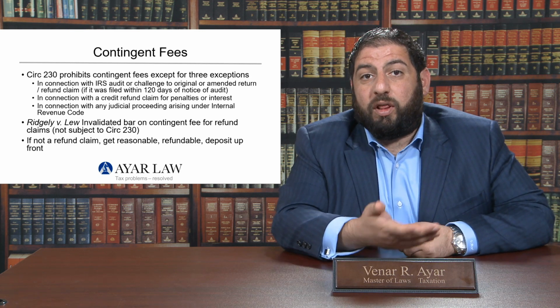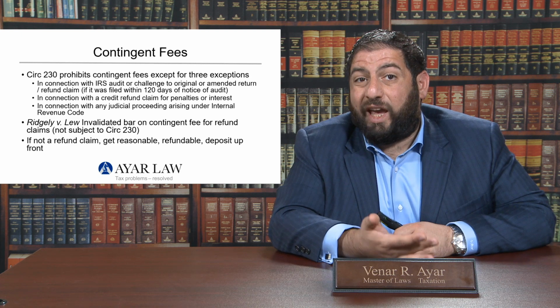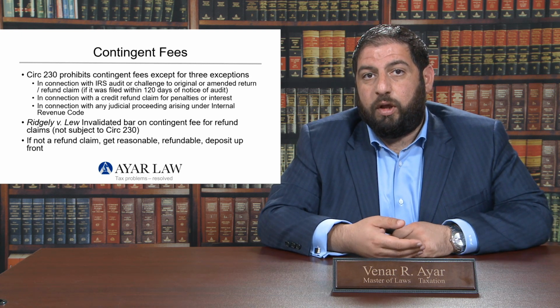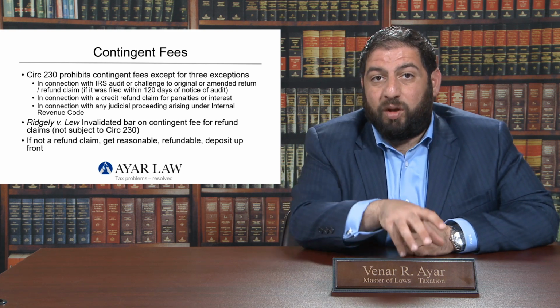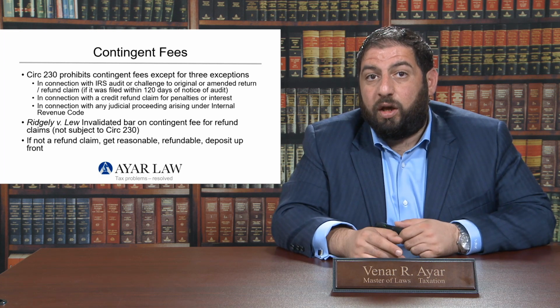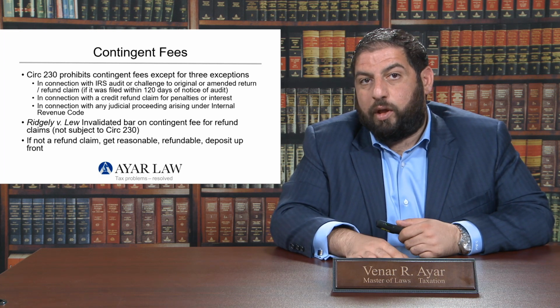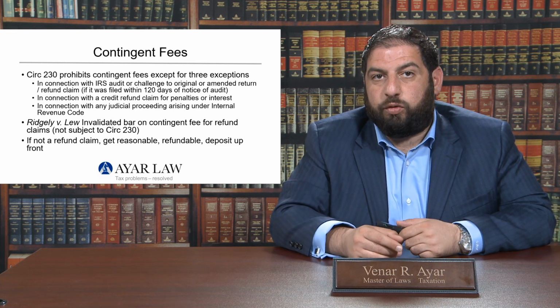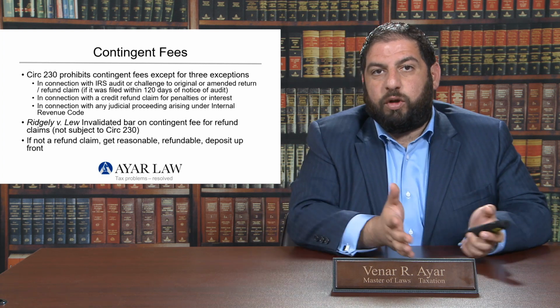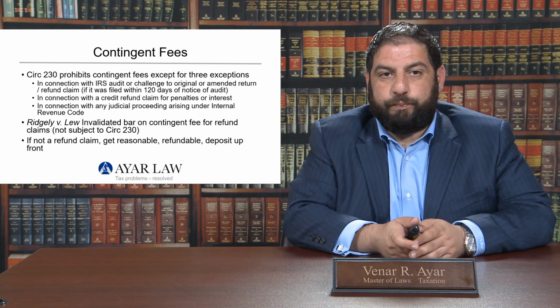So you might be allowed to do a tax return based on a contingent fee or a percentage of the refund. Circular 230 does not prohibit that. However, most states, if you're a CPA, most states will have a rule that prohibits that independently from Circ 230. So, just because Circ 230 doesn't apply doesn't mean you're allowed to do something.